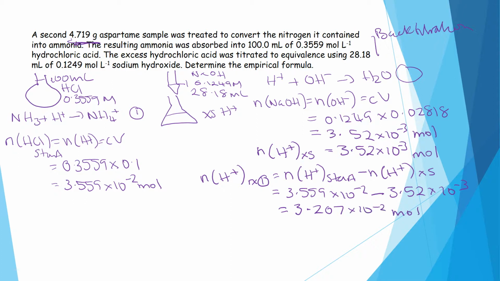Now looking at reaction 1, you can see that 1 mole of hydrogen ions reacts with 1 mole of ammonia. So the number of moles of ammonia used will be the same. So the number of moles of nitrogen will also be the same.